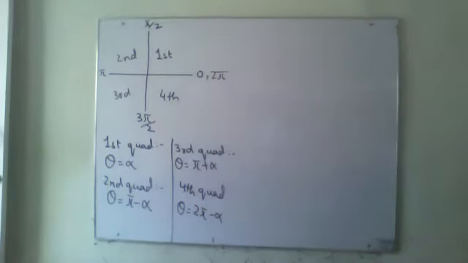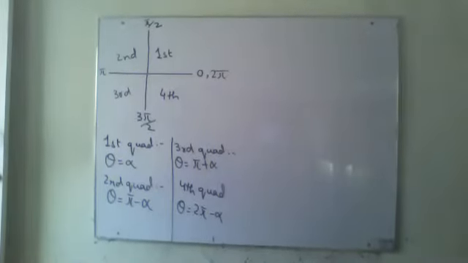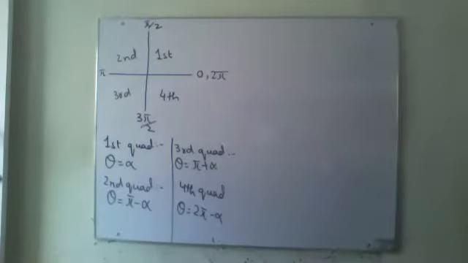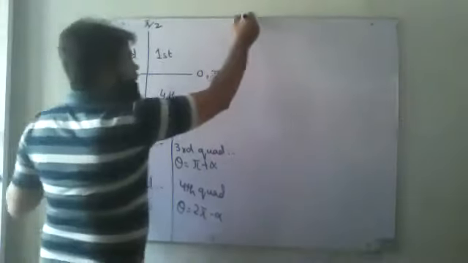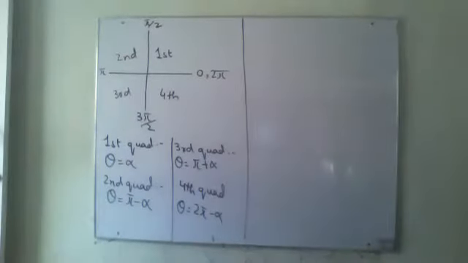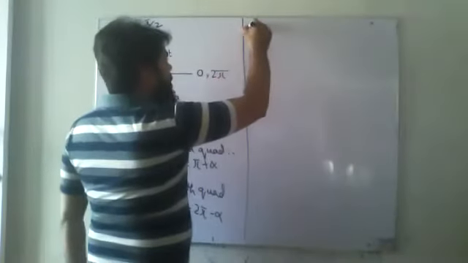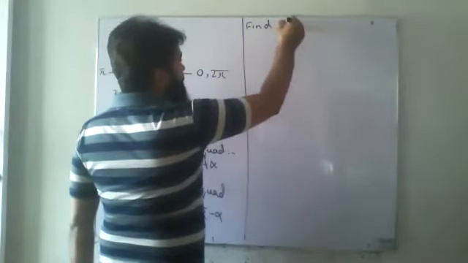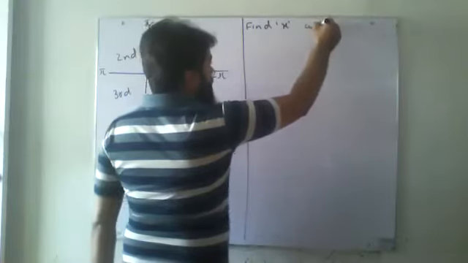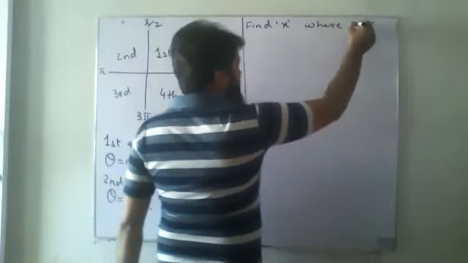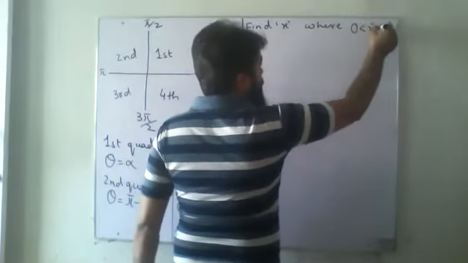According to this, now we are going to solve our questions and get the results. For instance, they are giving me: find the value of x. Find x where x lies between 0 and 2 pi.